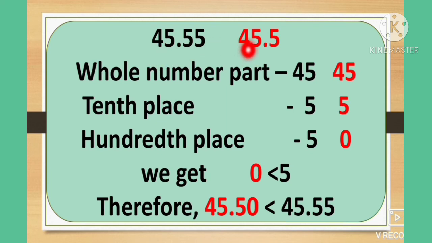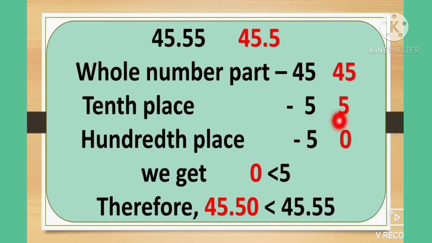So, it is equal in both the numbers. So, we now compare the 10th place. So, we find that for 45.55 and 45.5, the 10th place is also equal. That is 5. Here, the 10th place digit is 5. So, both the 10th place digits are equal.